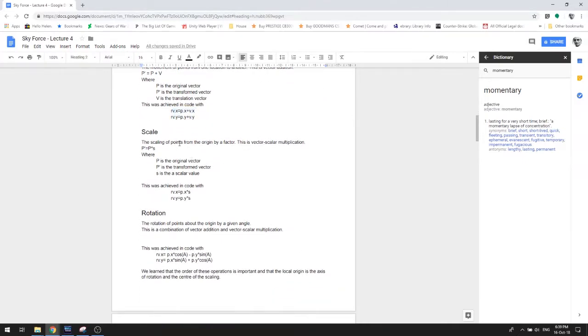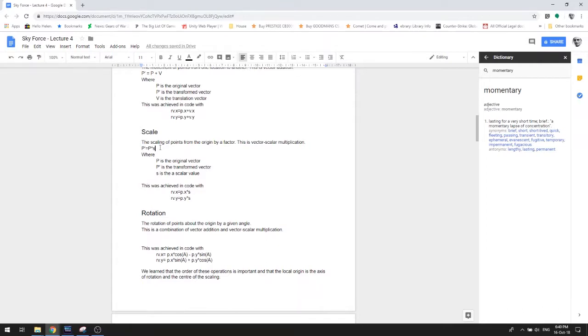We did scaling as well, and scaling is called vector scalar multiplication. In mathematics it looks like this: p dash is equal to p times s, where p dash and p are both vectors and s is a scalar. If you think about the difference between a vector and a scalar, a vector is a complex number.